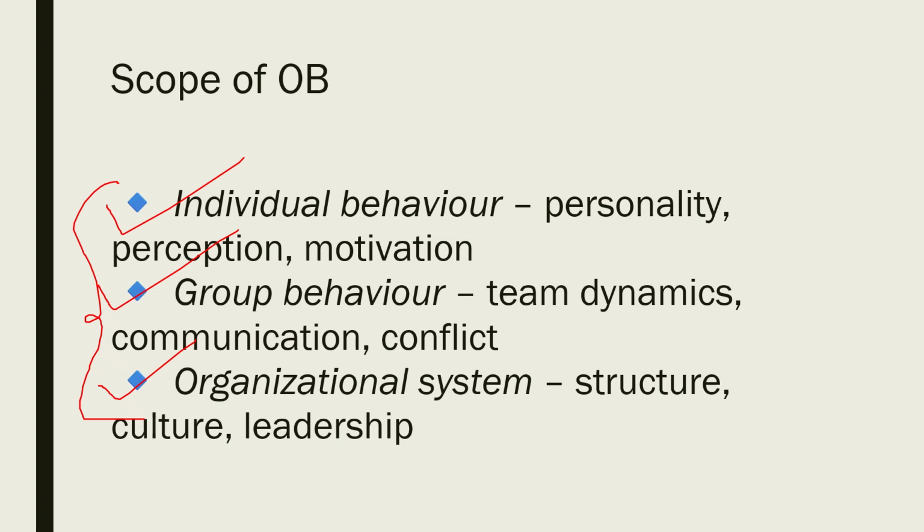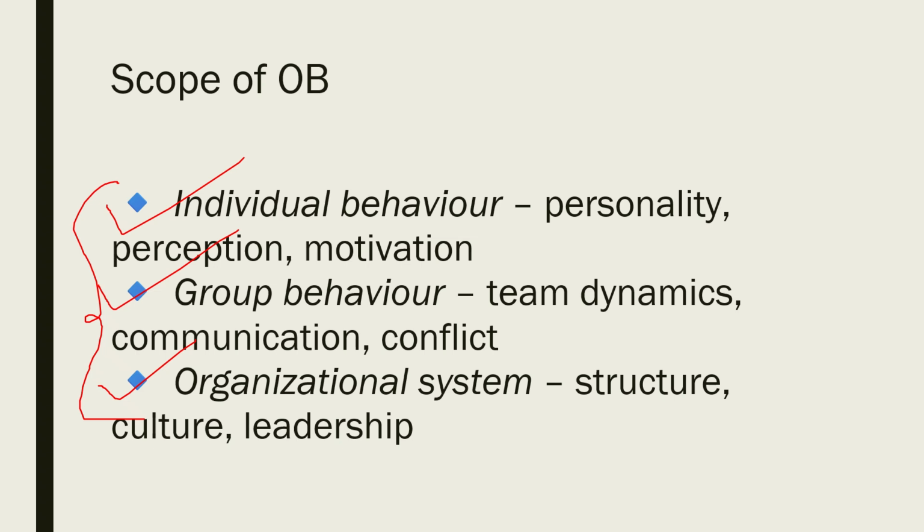Whatever we are doing and in whatever way we are behaving when we work in a group setting or along with the team comes under the domain of group behavior. For example, team dynamics, communicating among the people, conflict among team members, right? So they come under group behavior. Leadership can also be one of the examples.